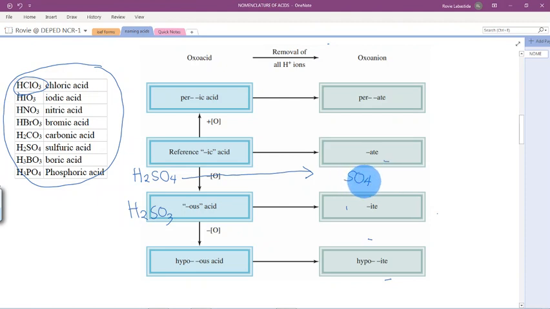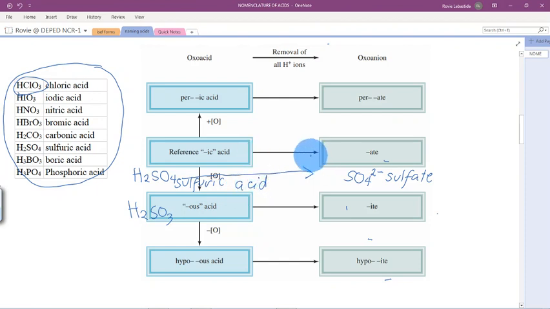Since there are 2 hydrogen atoms in the -ic acid, the net charge for the anion is 2 negative. So this is called sulfate. Sulfate, and this is sulfuric acid.